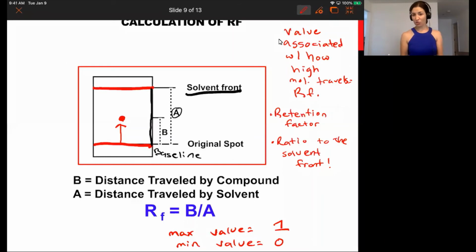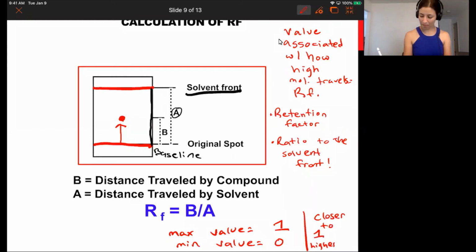The closer to 1, the higher the compound has traveled. Great. So that is RF. So we're going to refer to RF in the next couple of slides as we consider some of the other variable parameters in TLC.